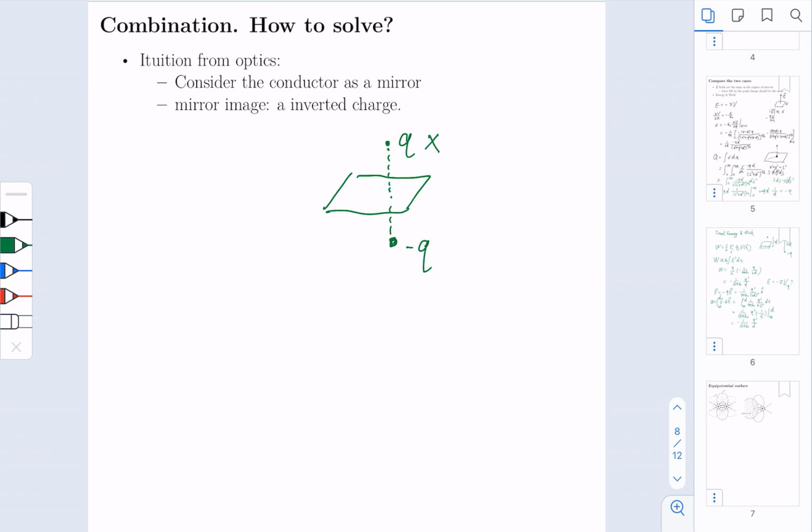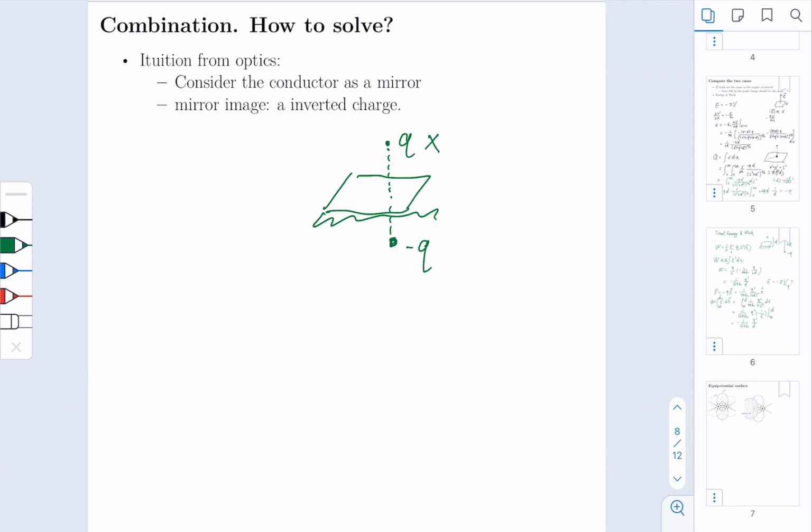You can add charges everywhere outside of the surface of interest, but never put them inside. So this means there are limitations, and not every problem can be solved simply by using the technique of image charge.